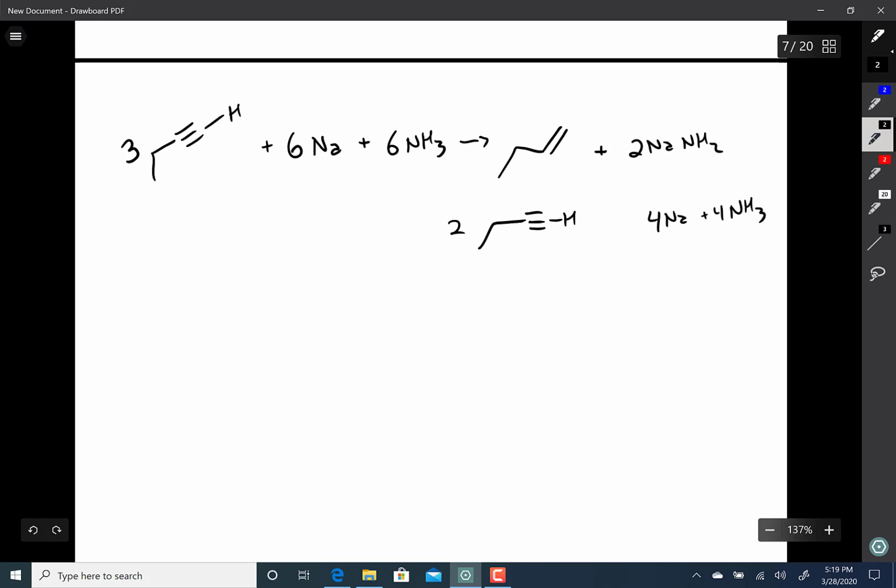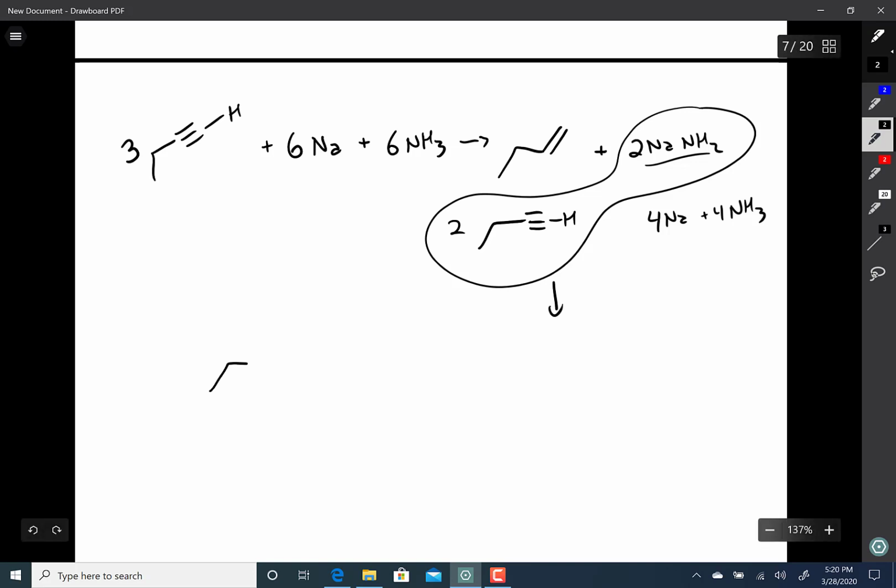Well, the thing is, once you make this NaNH2 and this, these react right away in that acid-base reaction. And you get these carbanions.